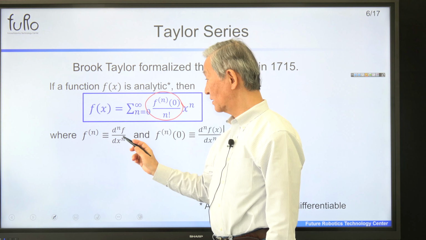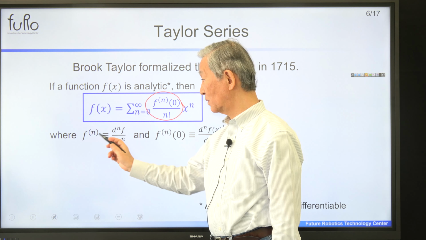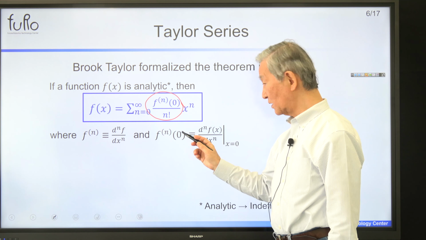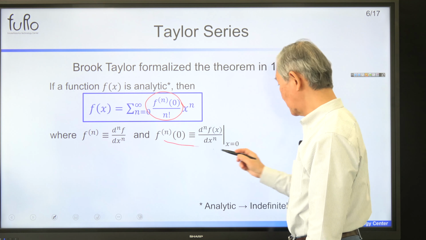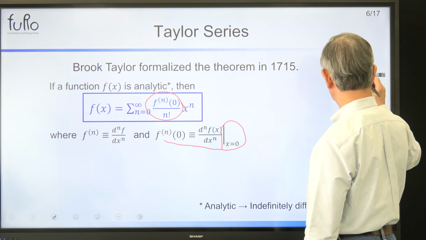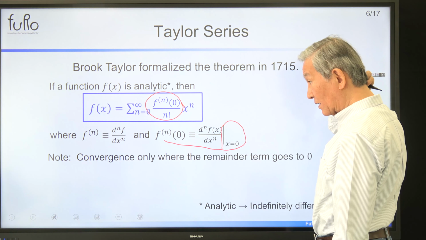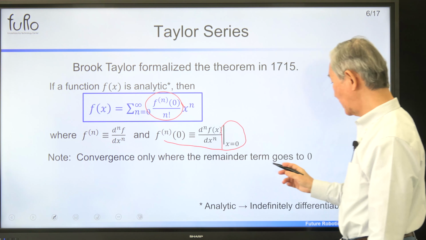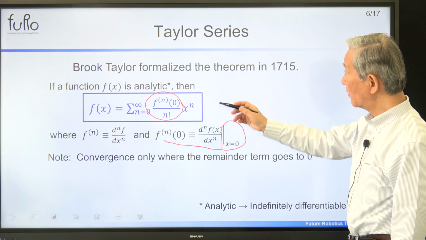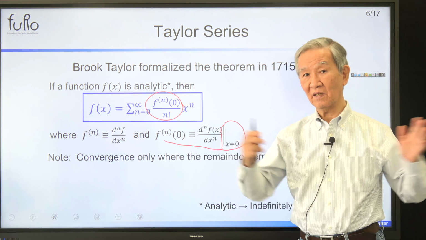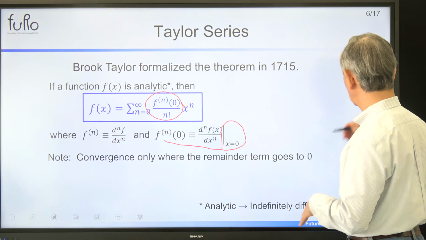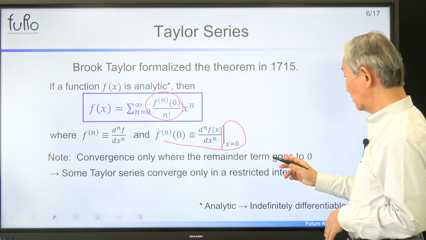Parenthesis n is the same as the nth derivative. So this one here is the nth derivative, evaluated at 0. Okay. The convergence is only where the remainder term goes to 0, as I said. So some Taylor series converge for any x, or some converge only in a certain region. That is called the convergence region.